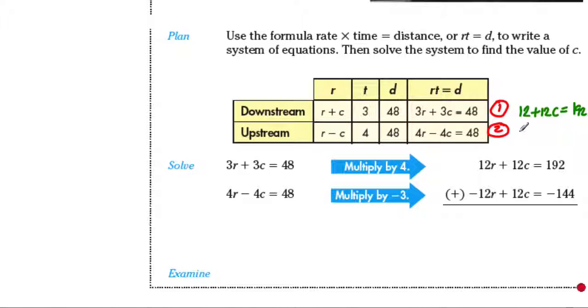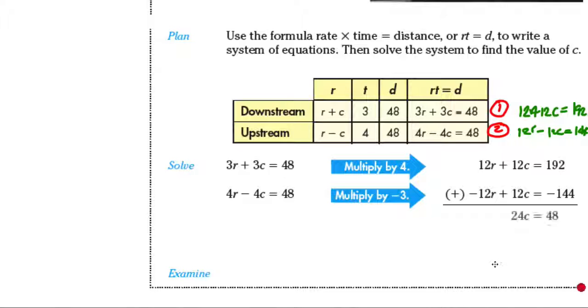And if we multiply the second equation, that will be 12R minus 12C equals 144. So both methods will work. Without the negative 3, we can already eliminate C. But in this case, the book is trying to eliminate R first, so we'll follow what the book is saying.